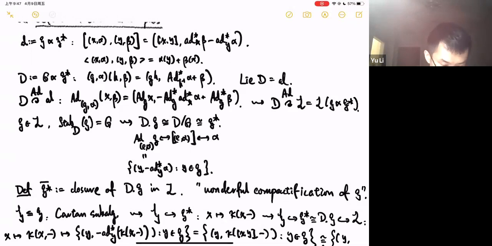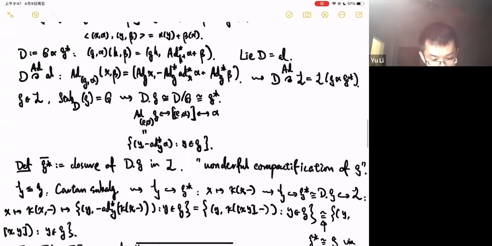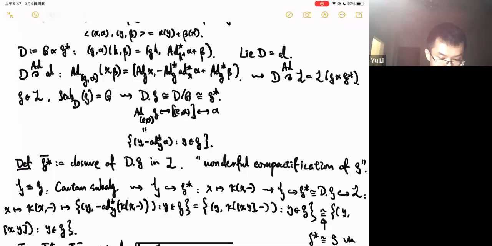And then capital D is the Drinfeld double group, so group G semi-direct product with G star. And I wrote down the formula for multiplication. Again, it's the usual formula for a semi-direct product. Now with these formulas, it's not too hard to see that the Lie algebra of the group D is the Lie algebra fraktur d. So we have an adjoint action of D on fraktur d.